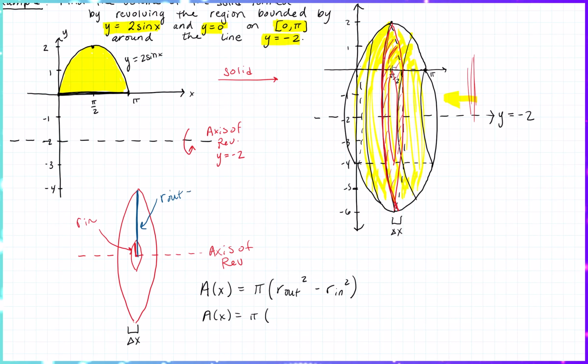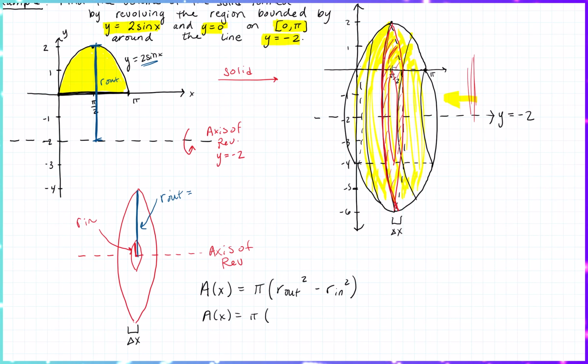So I'll go back to my picture up here. My outer radius, remember, comes from the axis of revolution to the outer part of the solid. So the outer part of the solid is all the way up to that function, y equals 2 sine of x, and this length right here is the outer radius. Over here, for the washer right here, it would be that length and so forth.